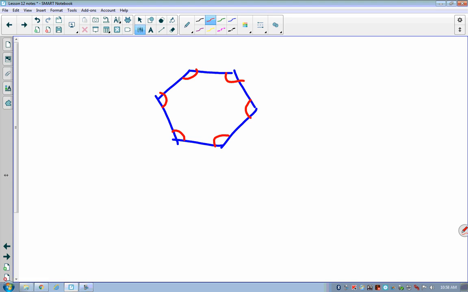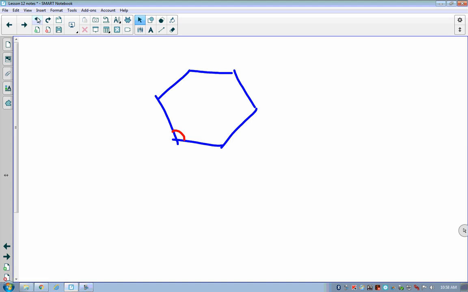Anybody have any thoughts about how to go about that? What do we know about each one of those angles in general? They're equal? We didn't actually say it was a regular hexagon, though, did we? No.